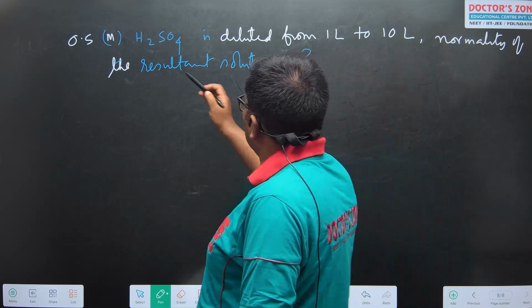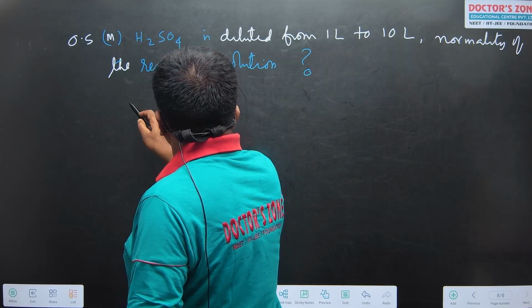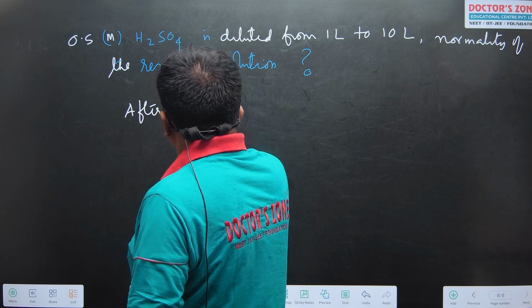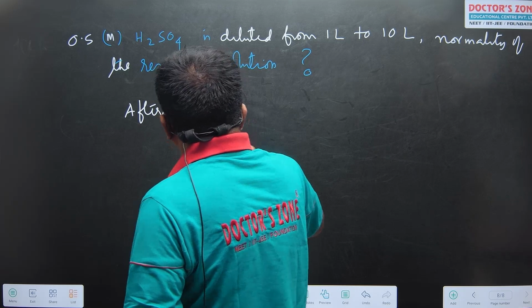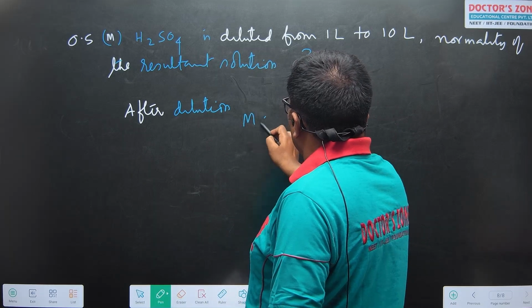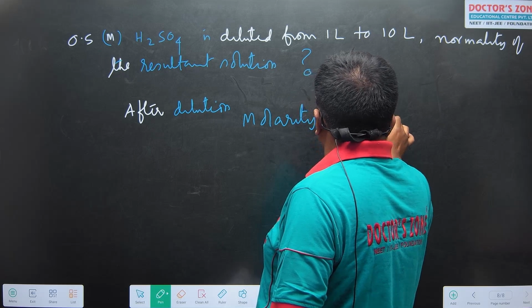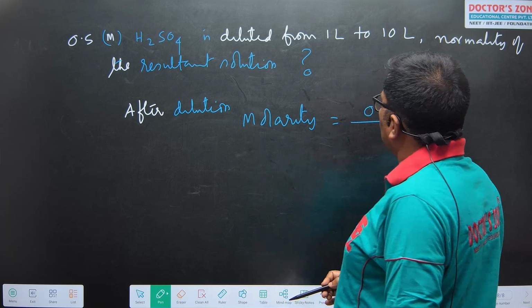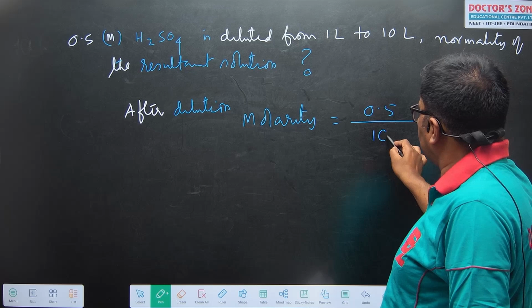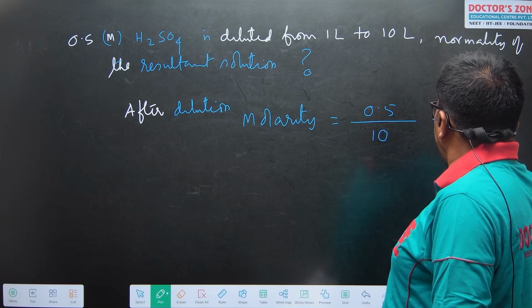Okay, suppose after dilution, what will its molarity be? The molarity will be 0.5 by the final volume, which is 10 liter, so it will be 5 by 100.